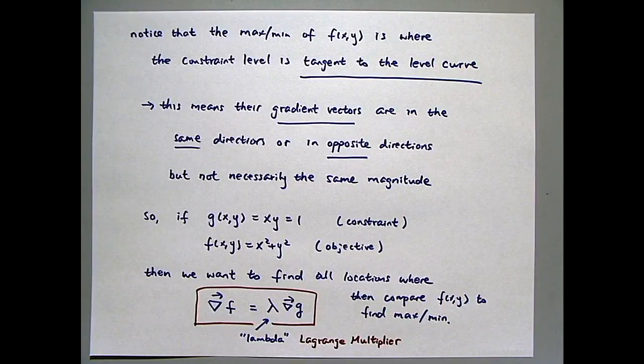All right, so let's try this out. This is what we need to do. Once we can solve this, we can find out where the max and min are. And let's just solve this example I started with.